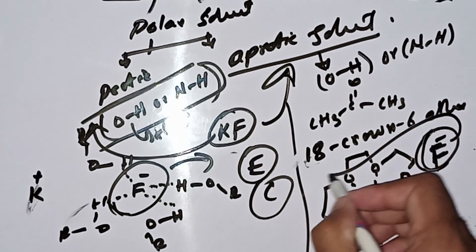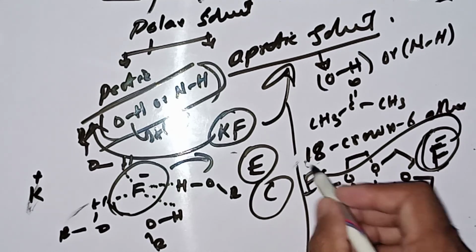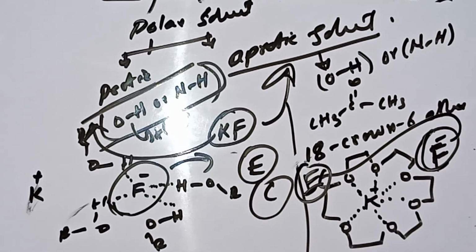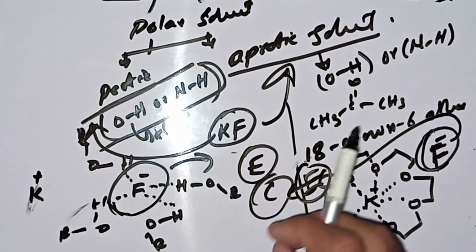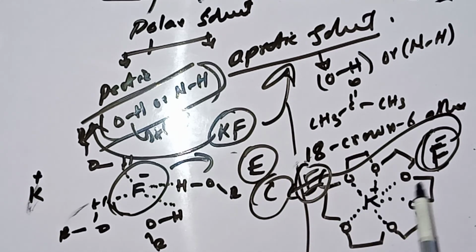So it will act as a good nucleophile and attack an electrophilic carbon very well. So in an aprotic solvent the nucleophile acts as a good nucleophile, while in a protic solvent it acts as a poor nucleophile.